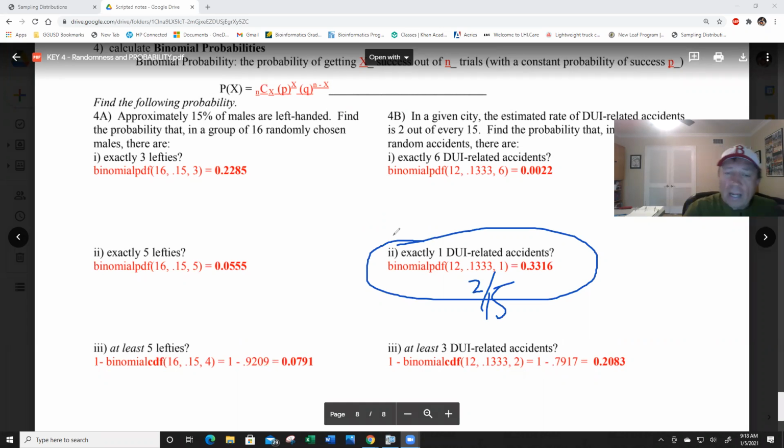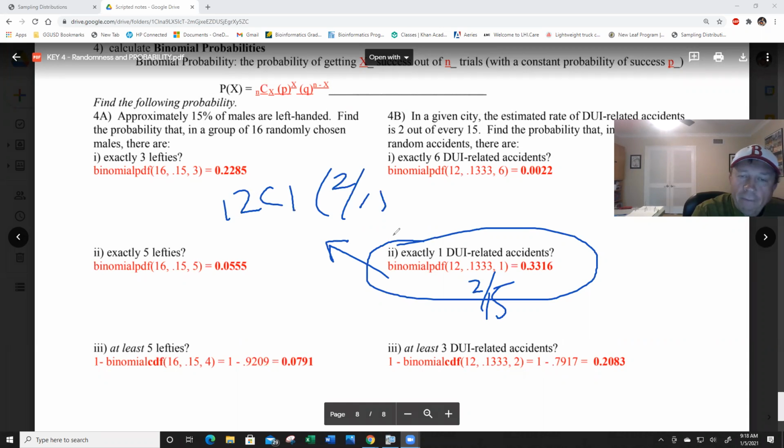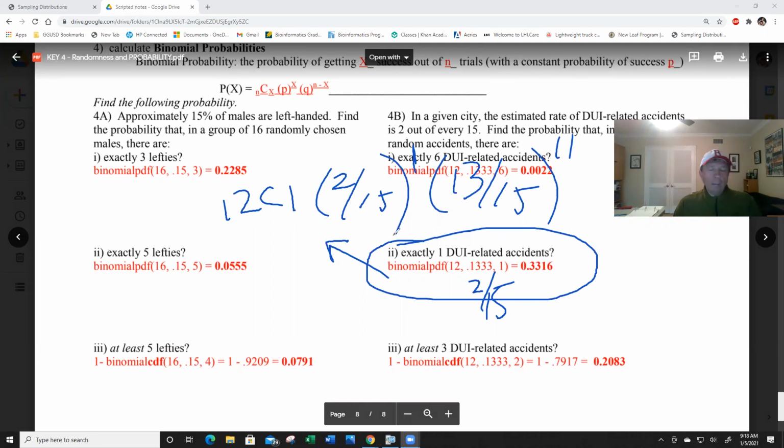The old school way of writing this out would be 12 choose 1 times 2/15 to the first times 13/15 to the 11th power. Sound good? Perfecto. And then you can punch that in and you'll get it.